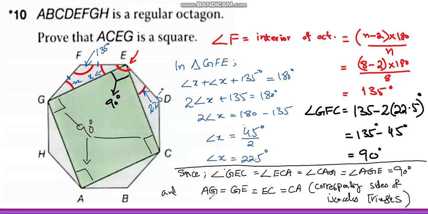So we can say that ACEG is a square. So basically we have proved all interior angles of the square are equivalent to 90 degrees and all sides of ACEG are equal in size because these are the corresponding sides of the isosceles triangles. So ACEG must be a square.